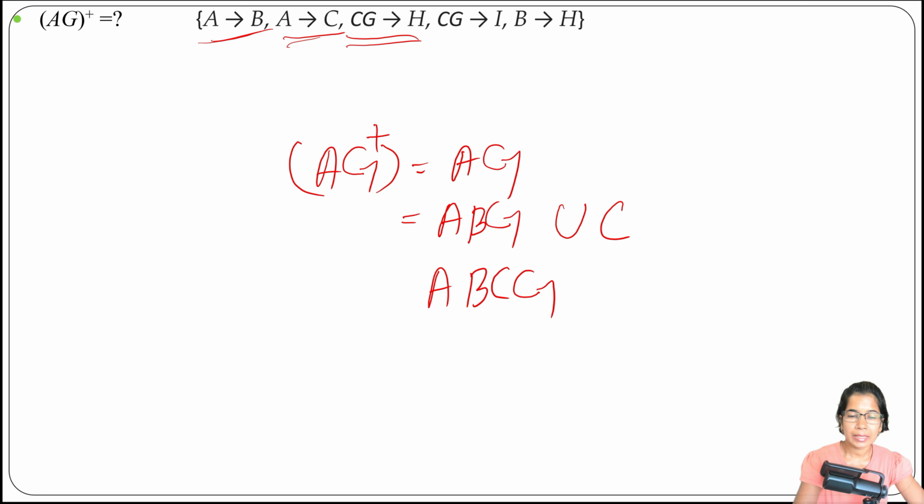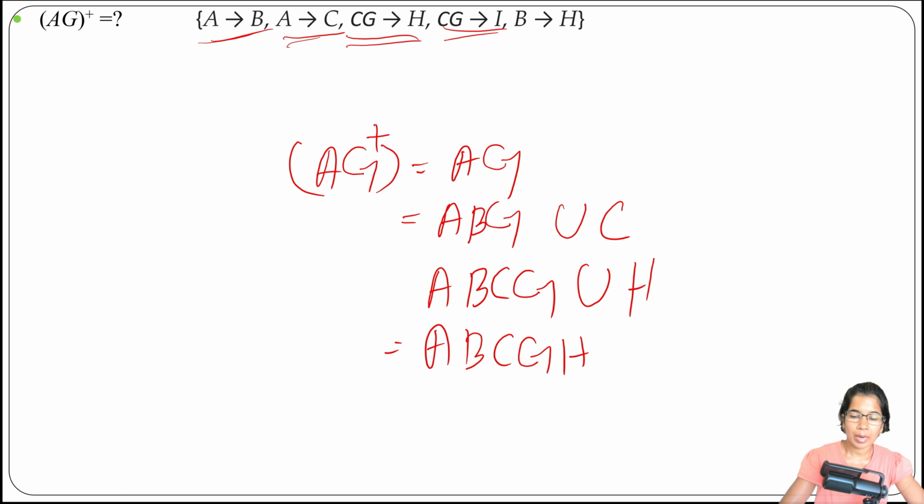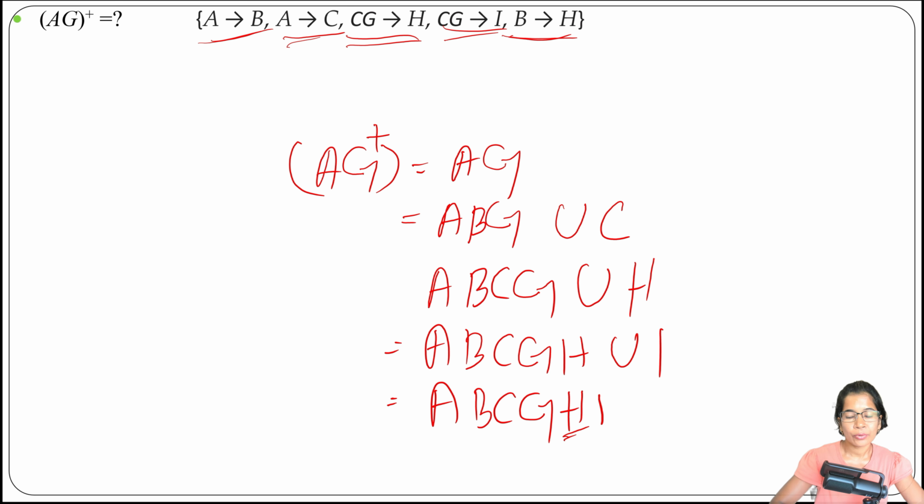Then from CG we can derive H, so union of H, it will be A, B, C, G, H. Then from CG we can derive I, so we add I. It will be A, B, C, G, H, I. From B we can derive H; H is already there, so we don't need to add it.